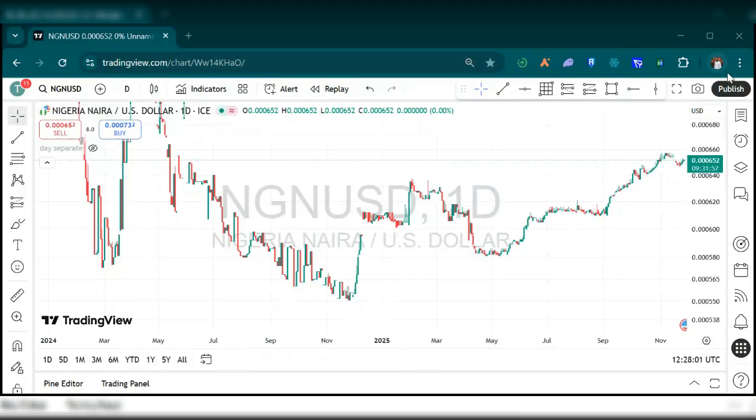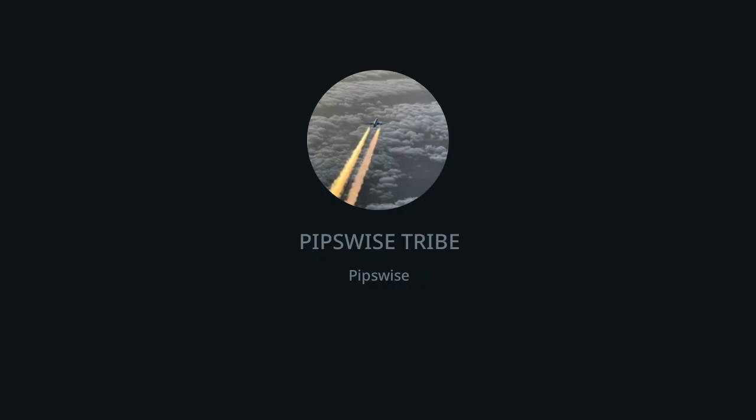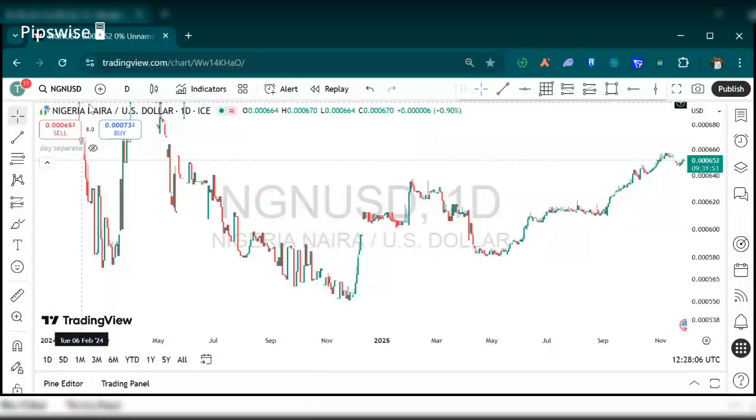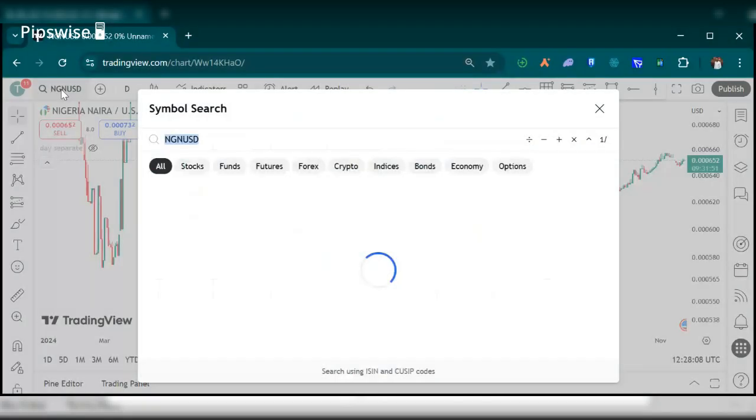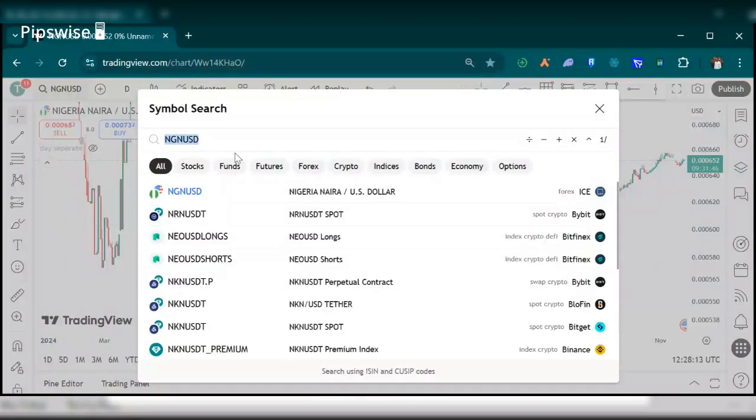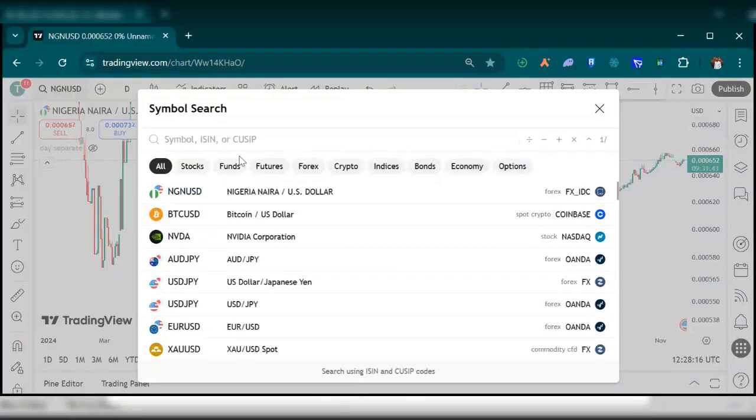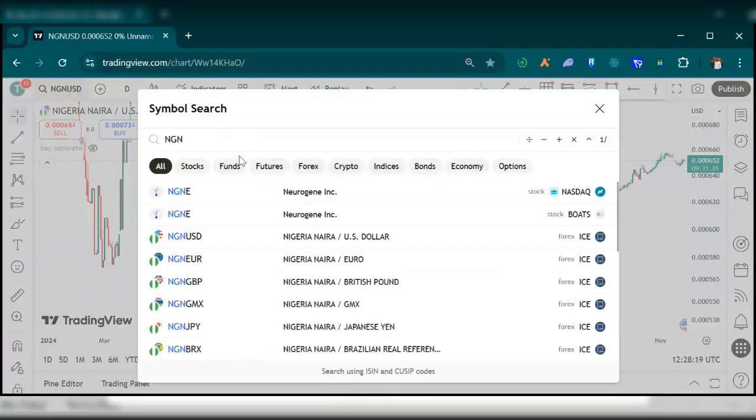If you search for Naira USD, NGN, you are not going to see the Binance chart unlike before, when it was easier to see the chart in real time.